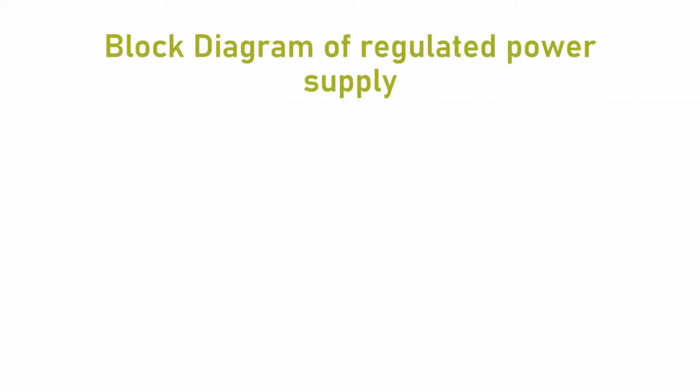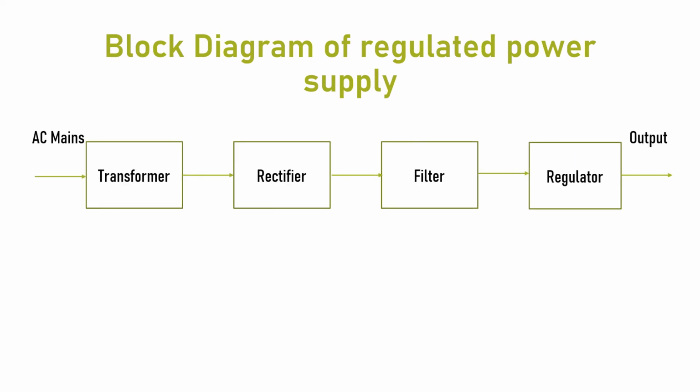Seeing the block diagram of the regulated power supply. So this is the total block diagram of a regulated power supply. Instead of batteries, we use a rectifier filter system. Normally we obtain 230 volts single phase 50 hertz power.